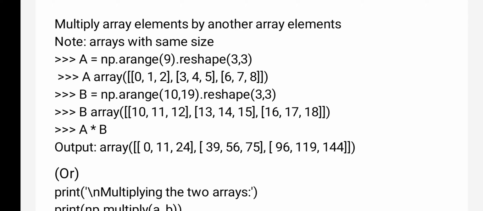Now you see the array b equals np.arange 10 comma 19. So here I have given the starting and ending value. So with 9 elements, a new array is created, and the array elements are between 10 and 19: 10, 11, 12, 13, 14, 15, 16, 17, 18. And the shape of that array is 3 rows, 3 columns.